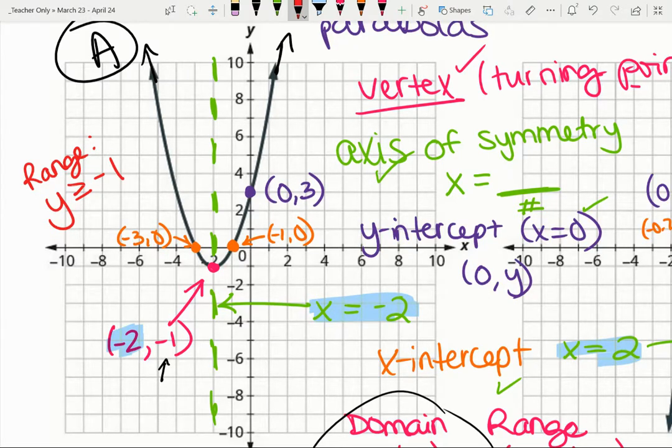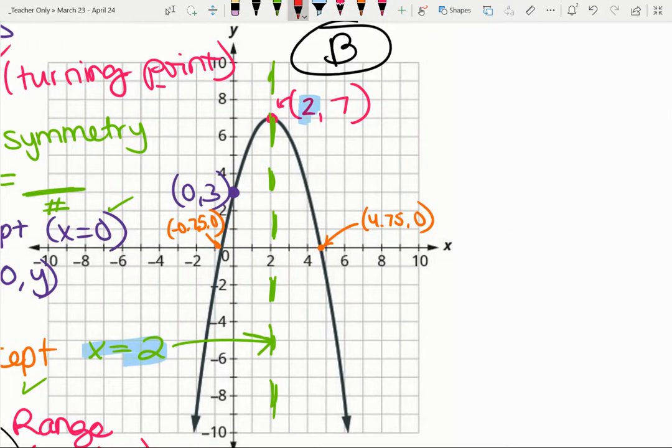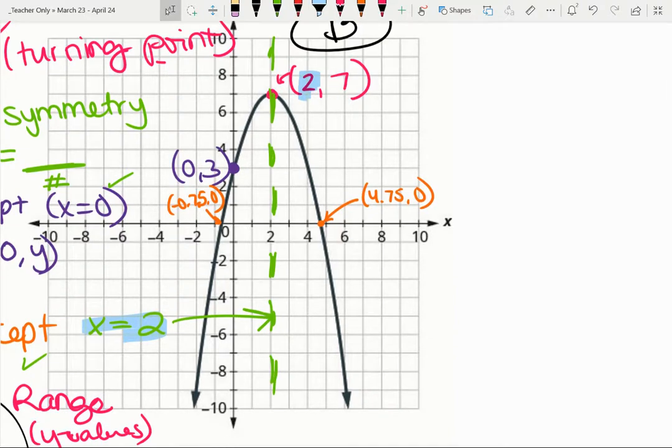It only goes above. Whereas graph B, this vertex is a maximum, right? It's the highest point on the graph. So its range is going to be y is less than or equal to 7, because 7 is the highest y value. Every other y value on this graph is below it.